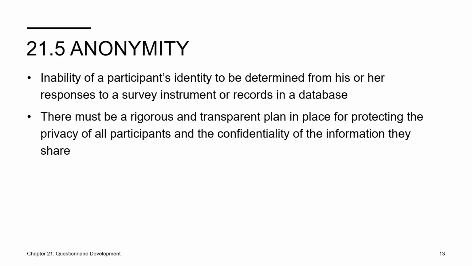If you're going through a formal research process and not a class project, you will have to go through the institutional review board process, and this is an ethics review. They will make sure that you have that rigorous and transparent plan for protecting the privacy of all participants, because sometimes people do have to collect that information.